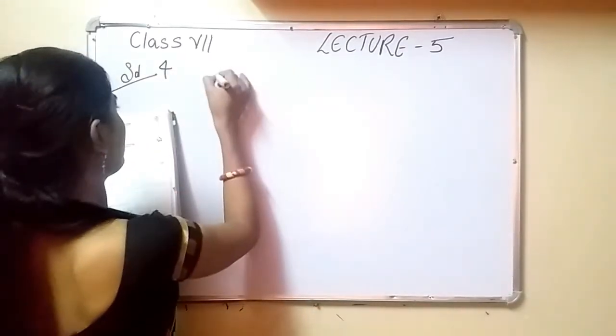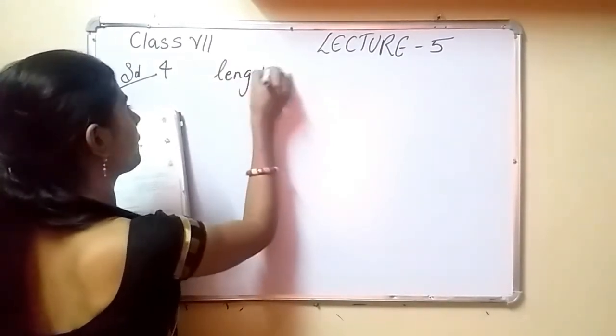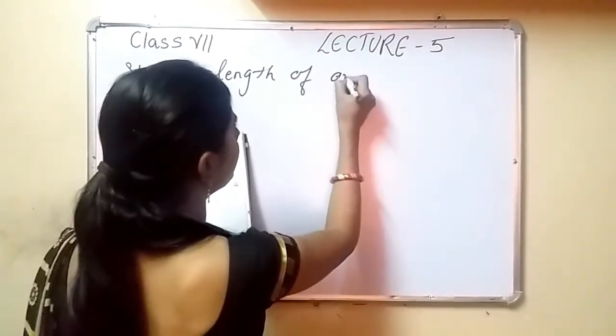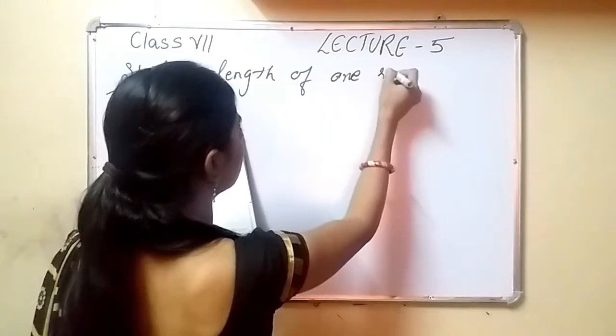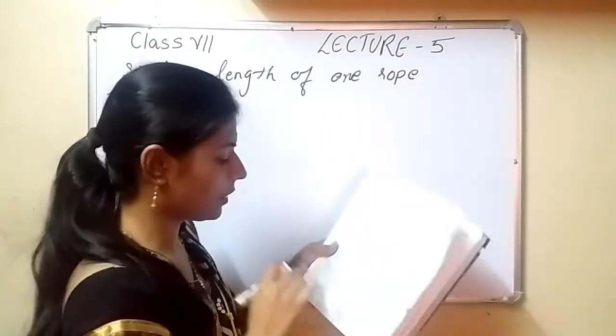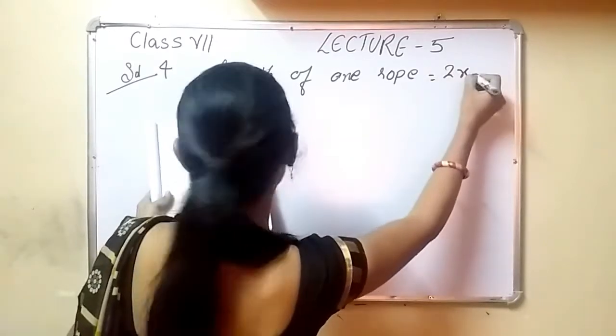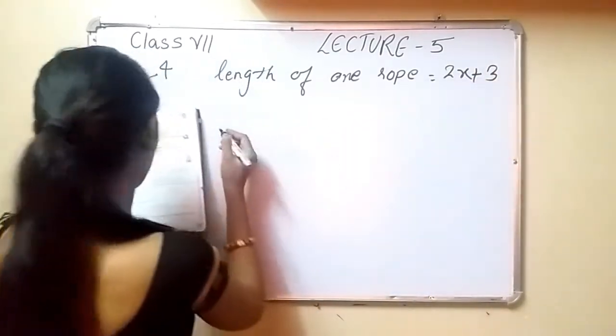Length of one rope. What is the length of the first rope given here? That is 2x plus 3.